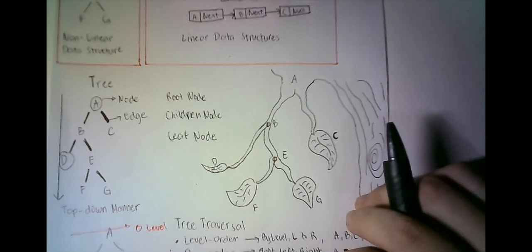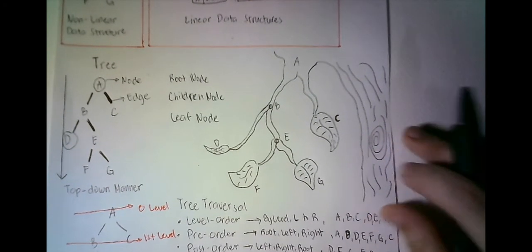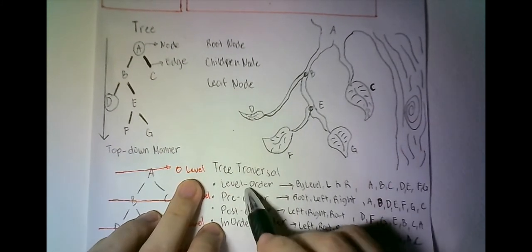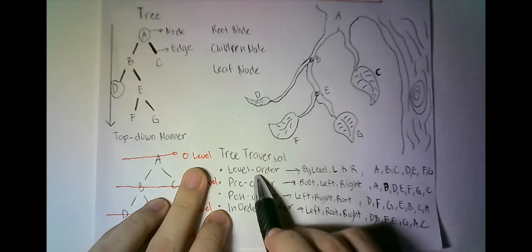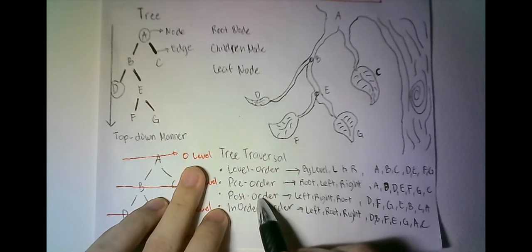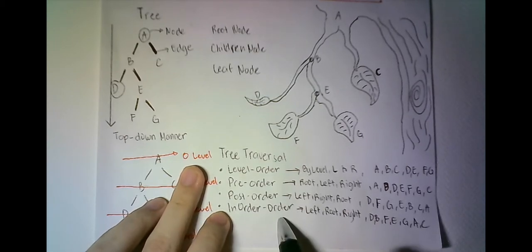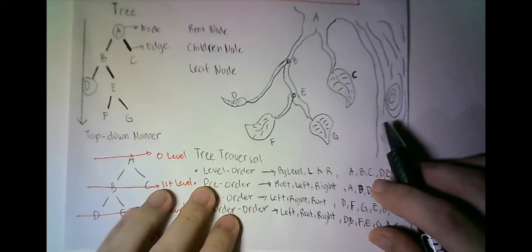To traverse the tree and its nodes, we have four methods. First is the level order, second is the pre-order, third is the post-order, and fourth is the in-order traversal.